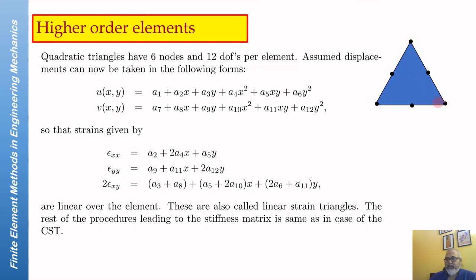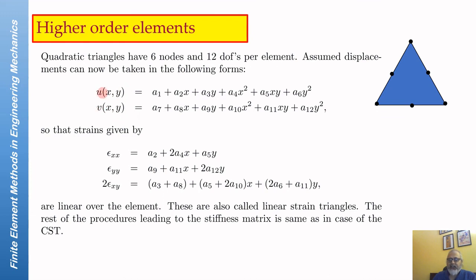Therefore we have 12 constants that we can determine, and these are the 12 constants that we have chosen. Again, as you can see, we have tried to take these two balanced polynomials, in the sense that the polynomial terms used are the same for u and v.